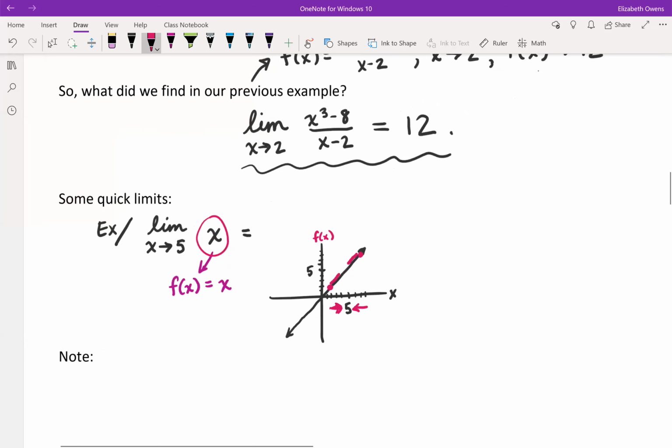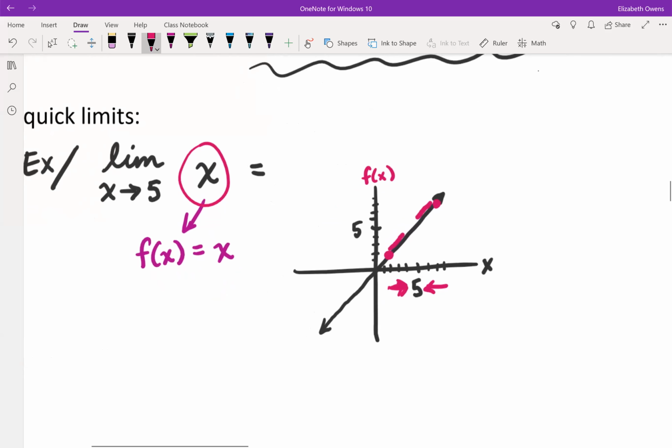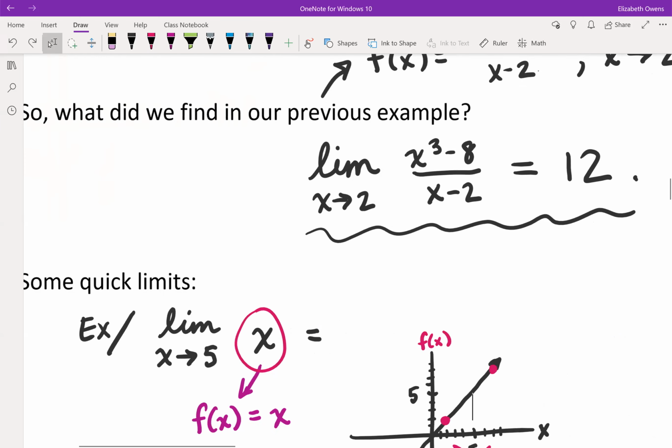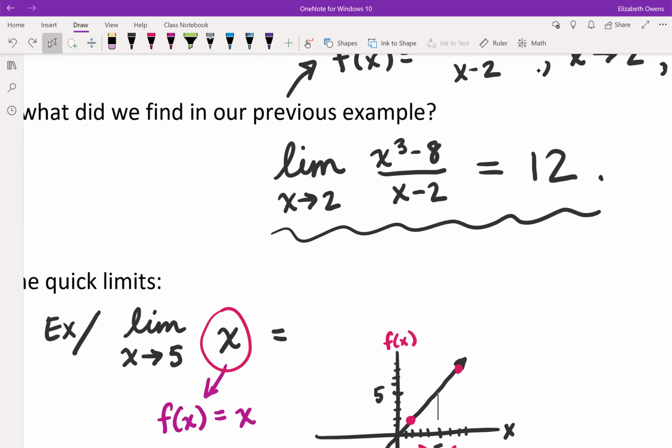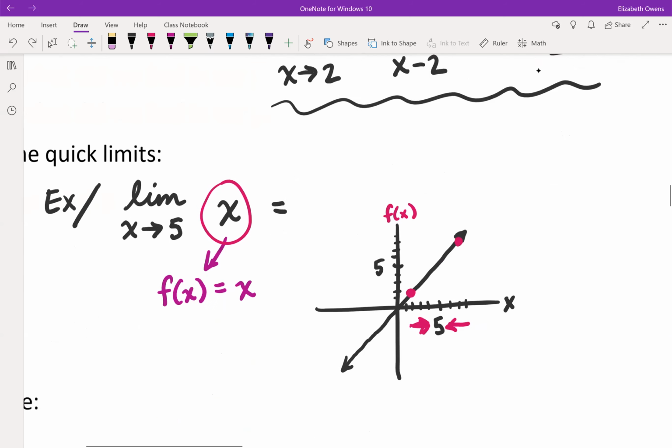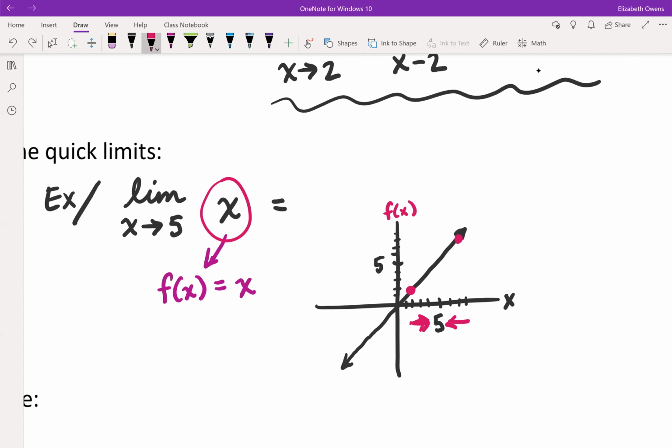Let me zoom in a little bit so we can see that in more detail. So we want fingers on those 2 dots, and then horizontally you're moving in towards x equals 5, but you're tracing along the function itself, because that's showing you what's happening with the y values, or the f of x values.